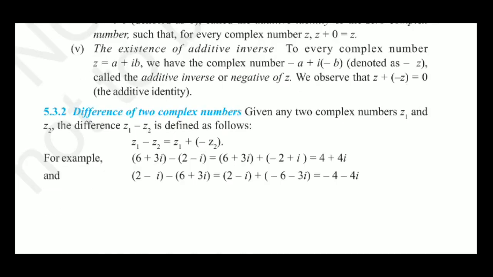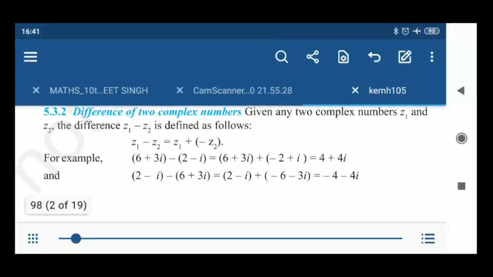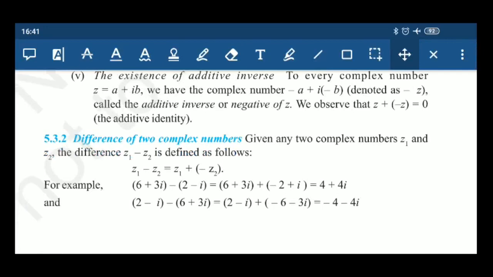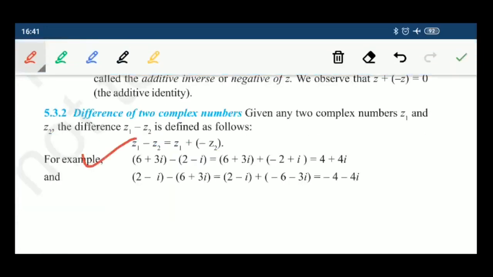Just like addition, we can find the difference of two complex numbers. Given any two complex numbers z1 and z2, the difference z1 minus z2 is defined as follows. In the same way you can see this example.